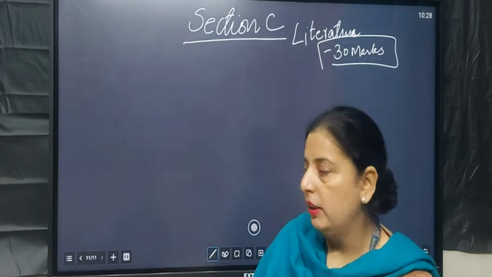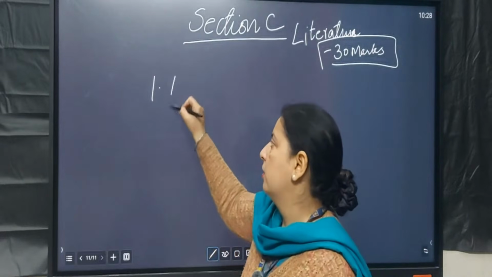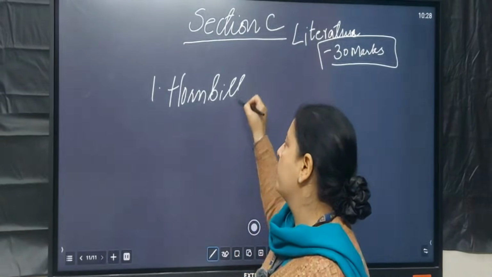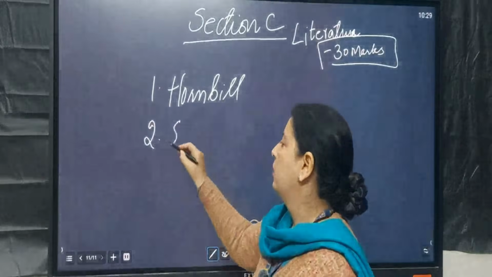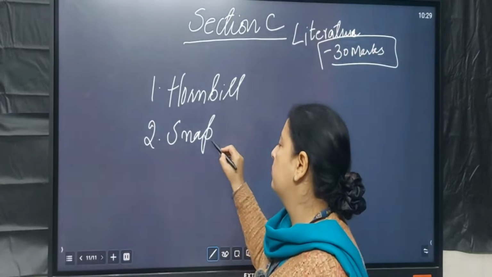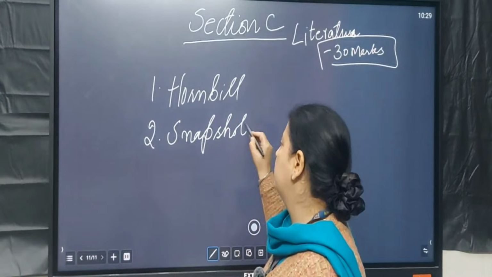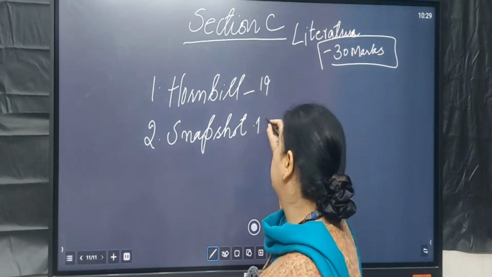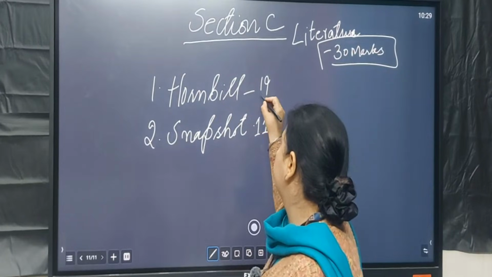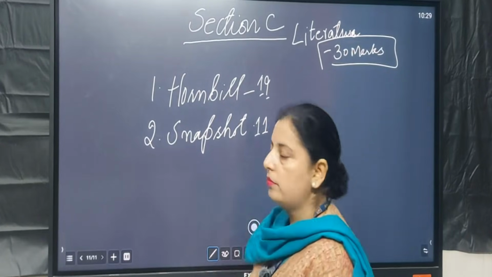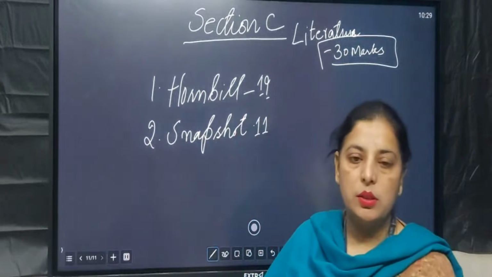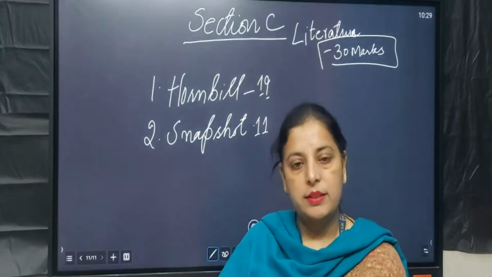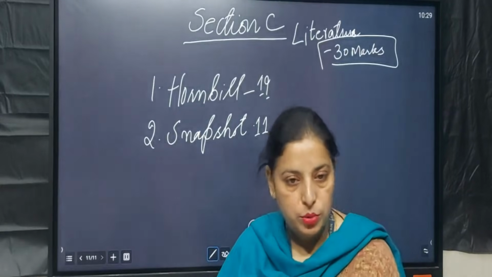One is Hornbill and the other is Snapshot. Hornbill scores 19 marks in your board paper and Snapshot scores 11 marks.